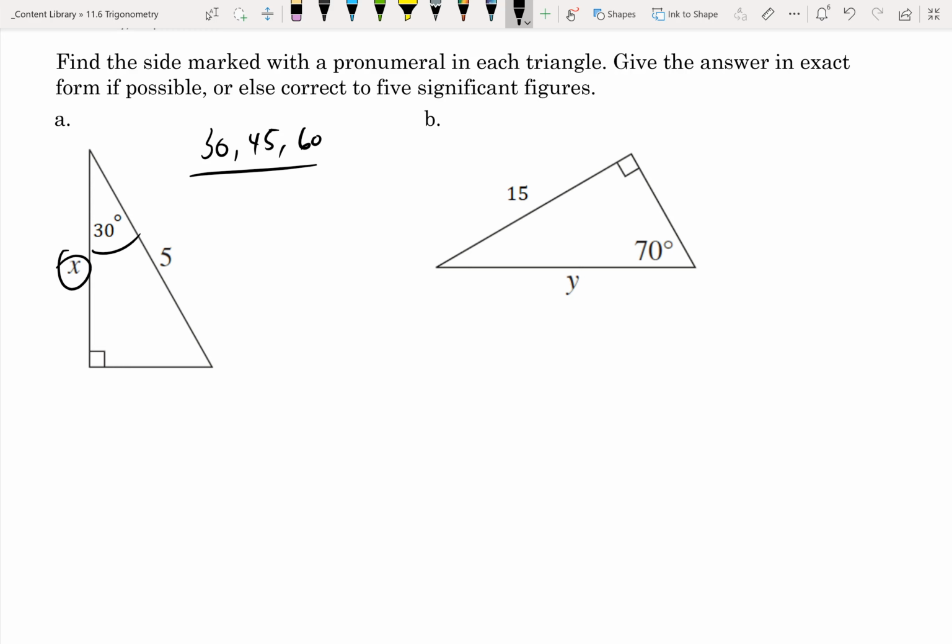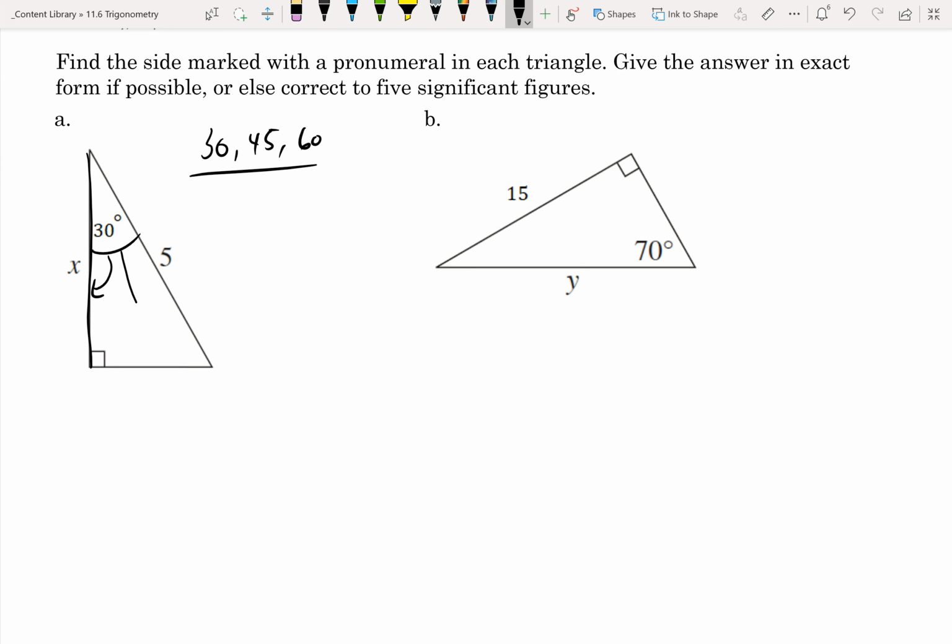Now we're trying to find what x is. So we need to work out which of the 6 trigonometric ratios we're going to use. We'll only focus on the 3 main ones, but you can use the other 3 as well if you need. Looking at this one, we've got an adjacent, because it's next to where the angle is.